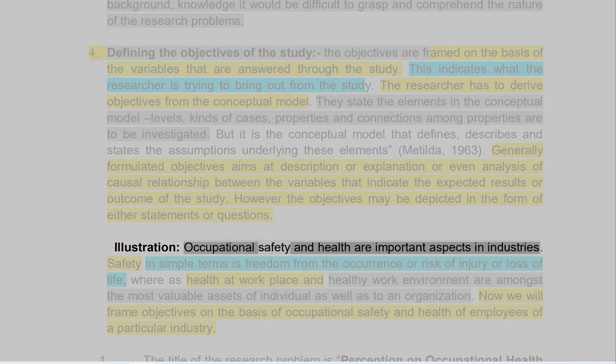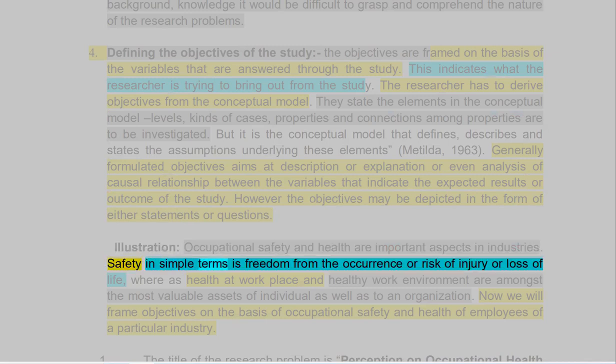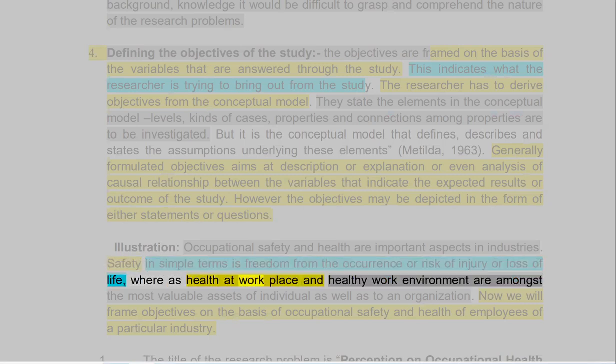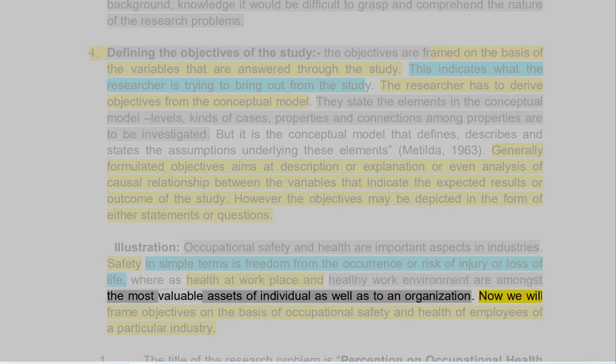Illustration: occupational safety and health are important aspects in industries. Safety, in simple terms, is freedom from the occurrence or risk of injury or loss of life, whereas health at the workplace and a healthy work environment are amongst the most valuable assets of individuals as well as of an organization.